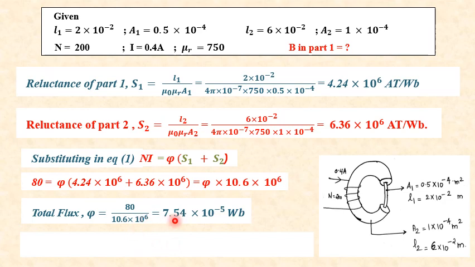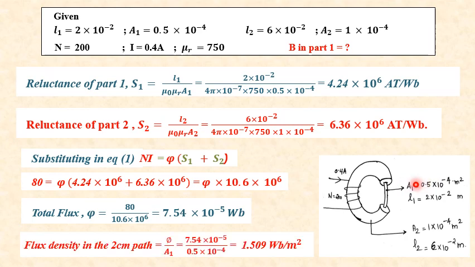So total flux is 7.54 into 10 raised to minus 5 Weber. But in the question it is asked to find the flux density in part 1. So flux density is flux by area of cross section. So flux density in the 2 cm path will be equal to flux phi by A1, that is the area of cross section of the 2 cm part. So we will be getting it as 1.509 Weber per meter square.